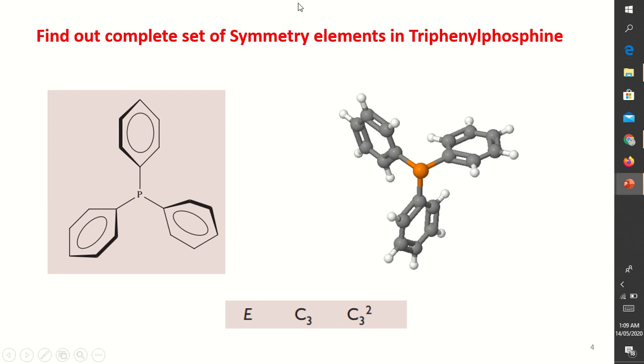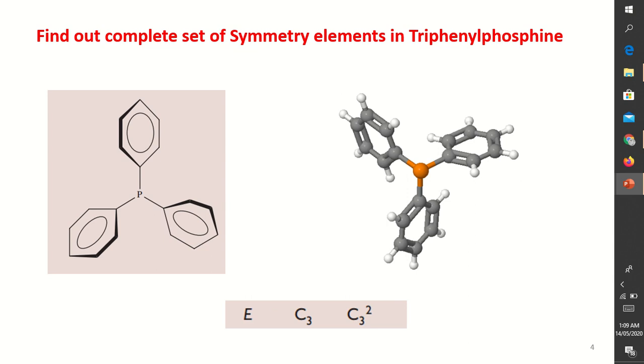Actually, before constructing the multiplication table for triphenylphosphine, we had better at least draw the symmetry operation products. For example, what will happen if we apply identity to the molecule, what will happen if we apply C3 to the triphenylphosphine, and subsequently what would be the result after applying C3 twice to the triphenylphosphine.